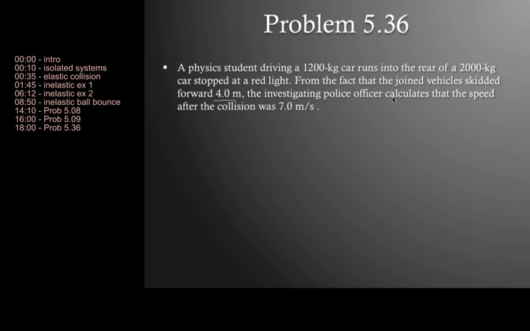The police officer calculated the speed to be 7 meters per second. So what is the initial speed of the student? That is what we want to find out. Here we're given V final, and we want to know how fast the student was going initially.